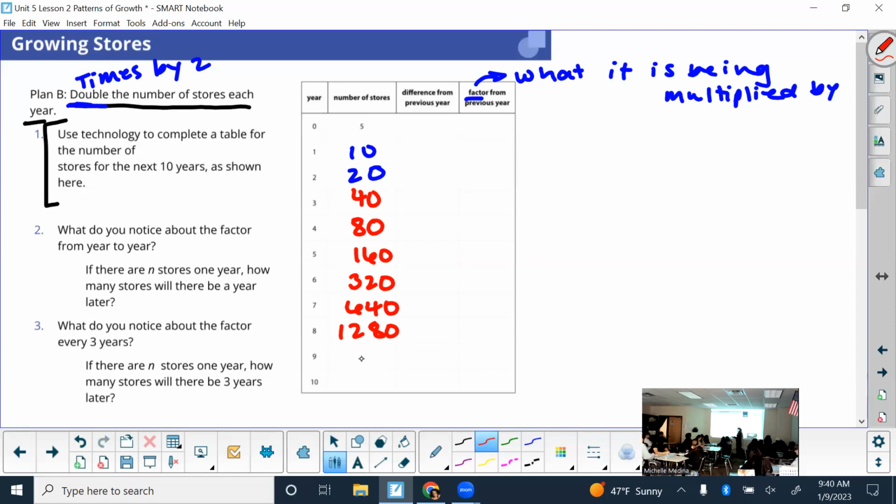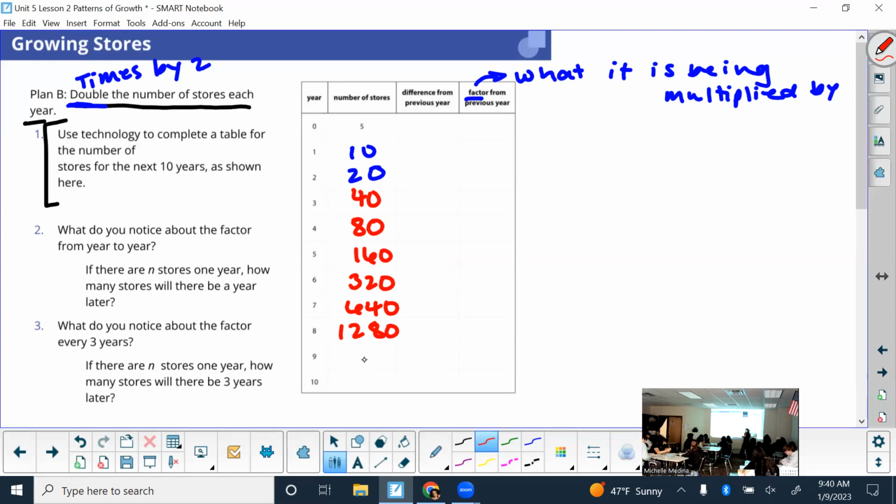It's okay if you don't have any, let me walk you to it. If I have 1,280 stores and it's doubling each year, what will I have in year 9? Okay, real quick. This is what I have in year 8.